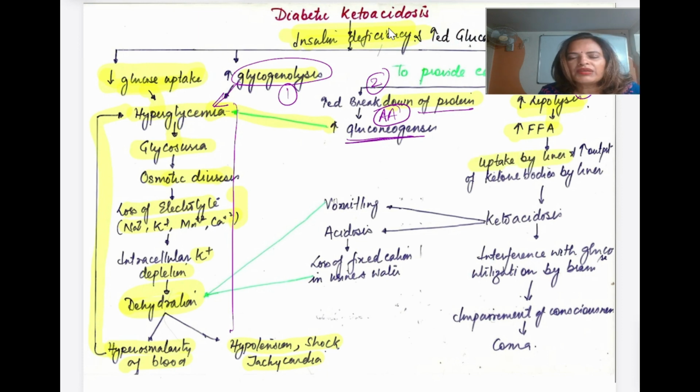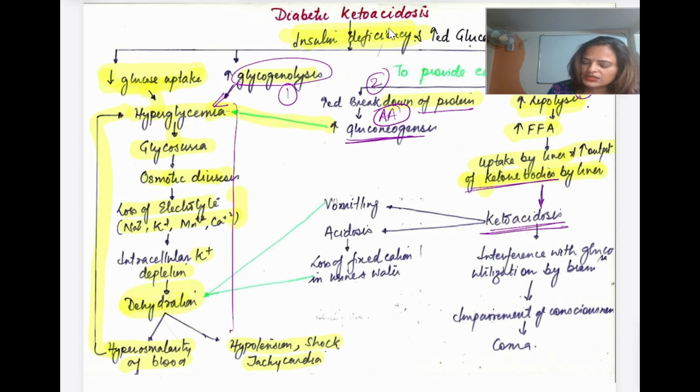In the liver, free fatty acids are converted into acetoacetate and beta hydroxybutyrate, and all this is released into the circulation. These are ketone bodies, and that leads to ketoacidosis.